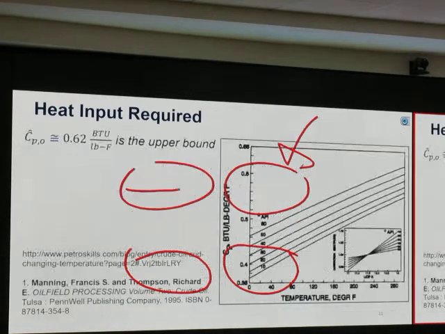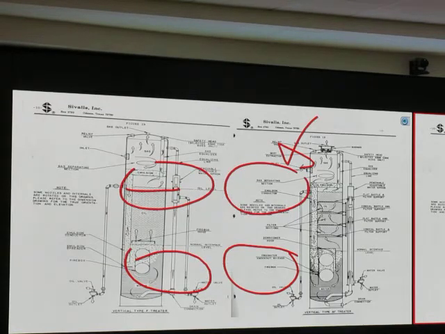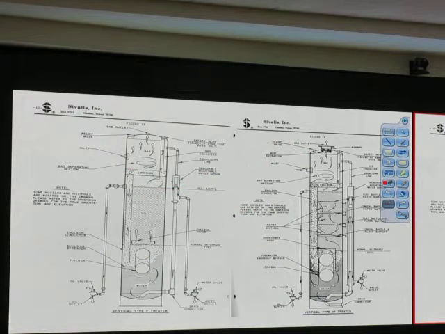Let's take a look. Conventional one. One of them has this kind of baffle. One of them doesn't have any of that. You see?